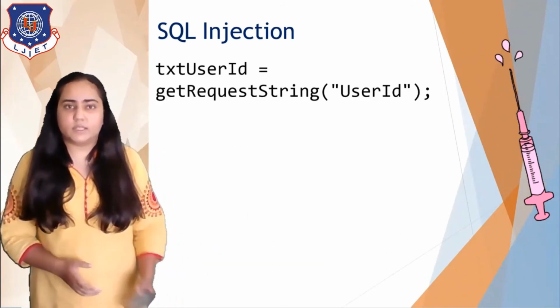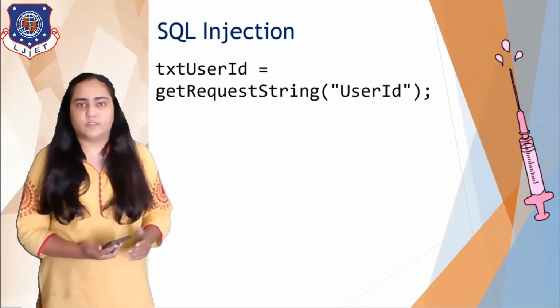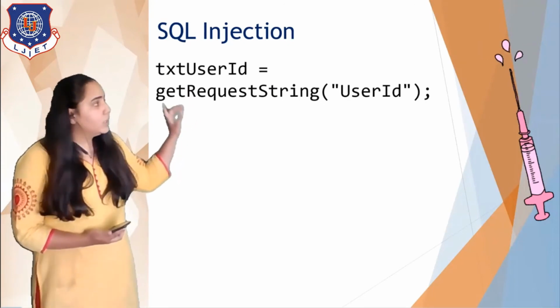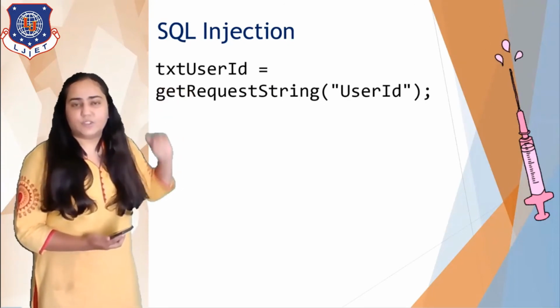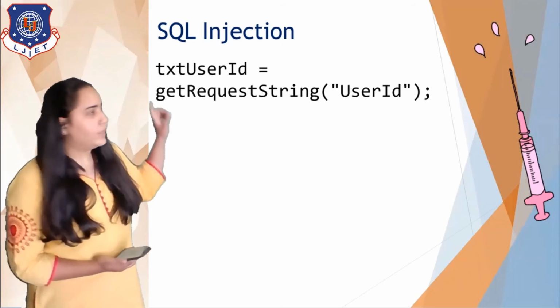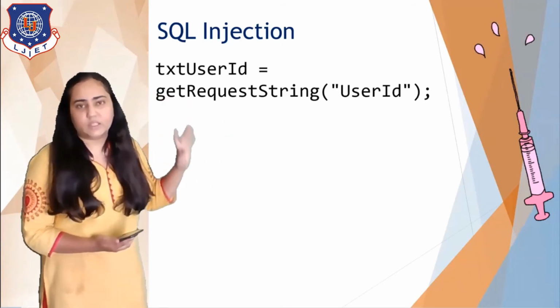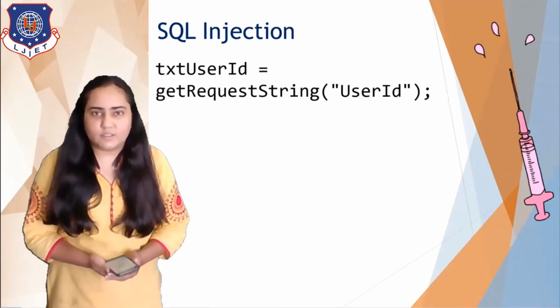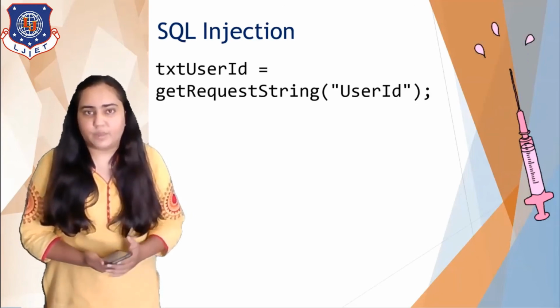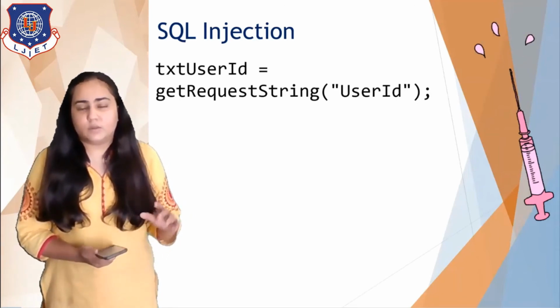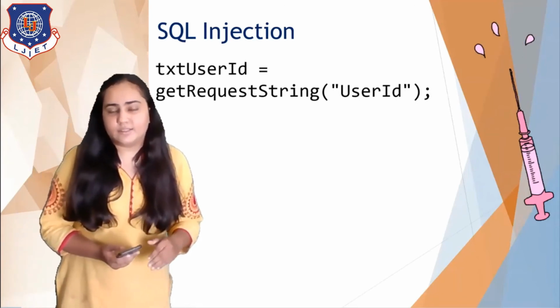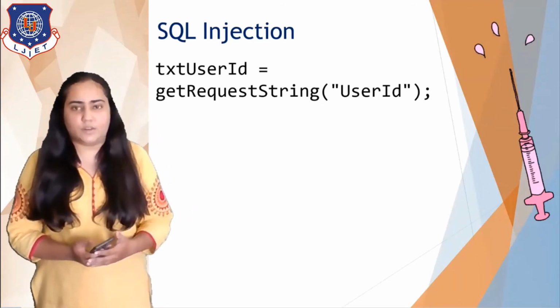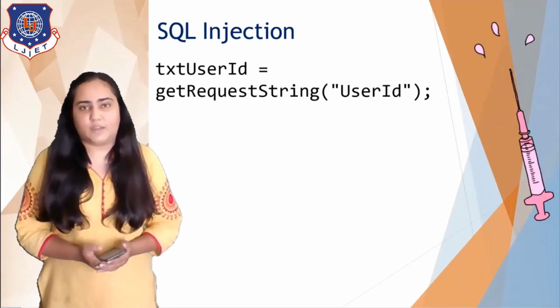So consider this statement that is given right here. You can see it. So here I have the text user ID equal to get request string. Now this is nothing but a PHP code, a very small PHP code. But what exactly it does is, you don't need to really know how this other programming language works.